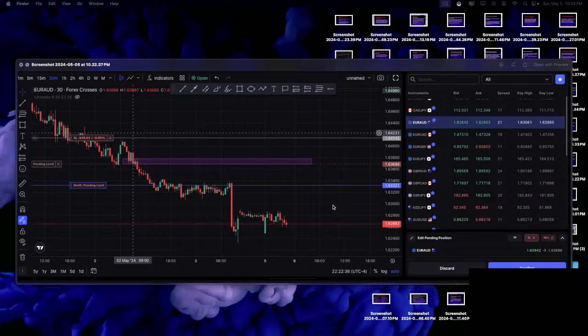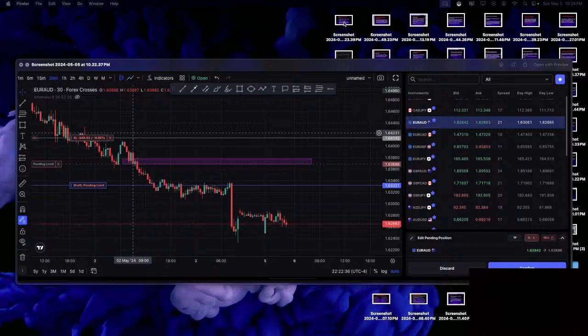So after you bring up Euro AUD, you can keep it simple and just go to this arrow right here. This is your trade tab, okay? Let me know when you got that up.